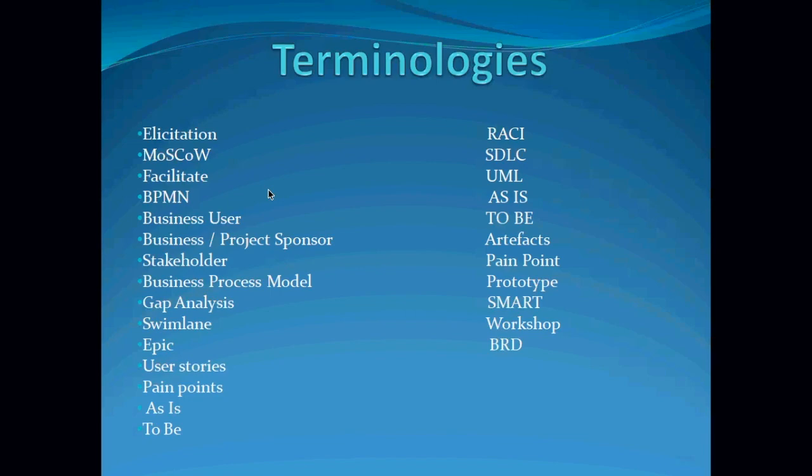And your business sponsor and your project sponsor are the people that are accountable for the project. They are always senior people in the organization, and they are accountable for making sure the benefits of the project are delivered, because they are the ones to say, actually, I'm sponsoring this project.